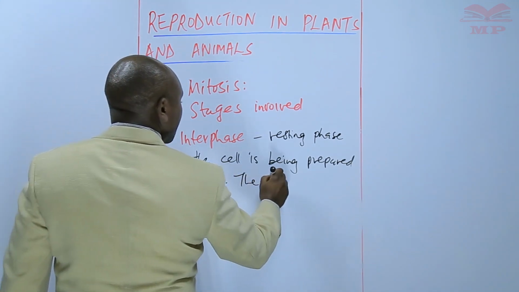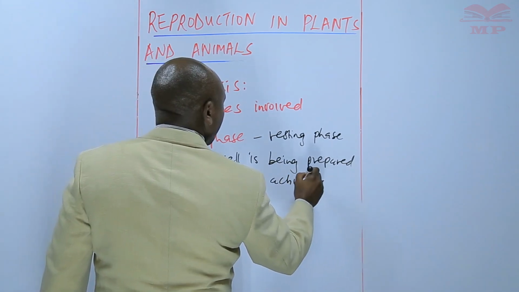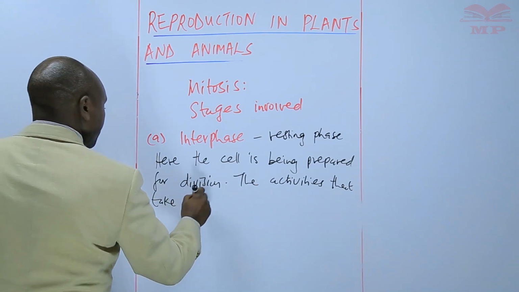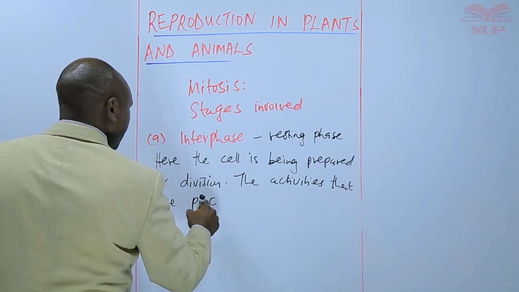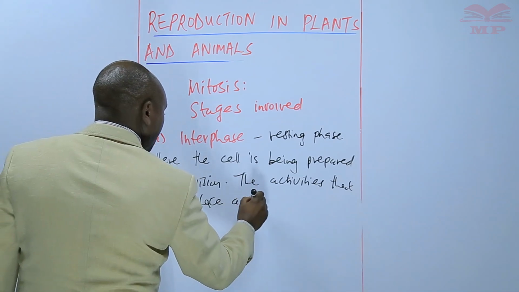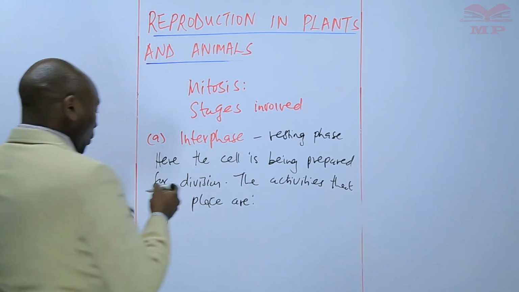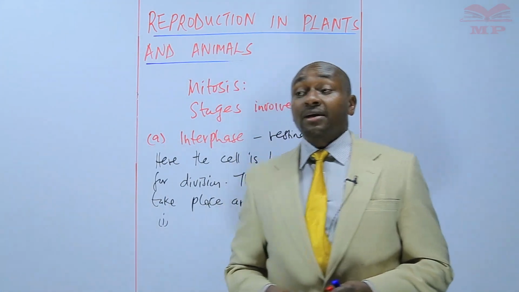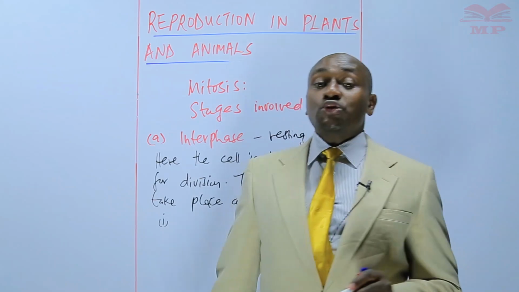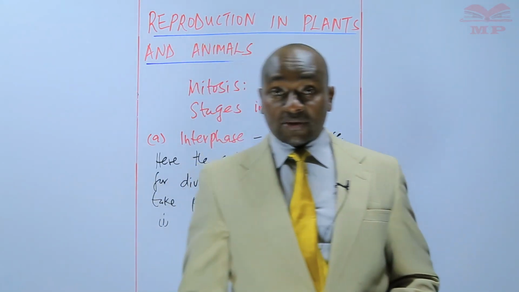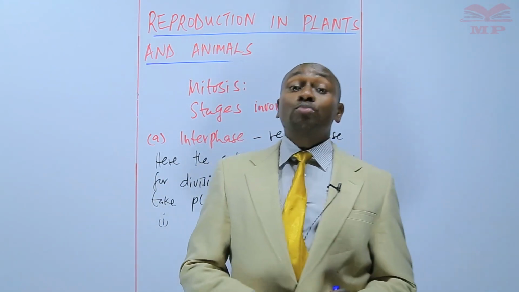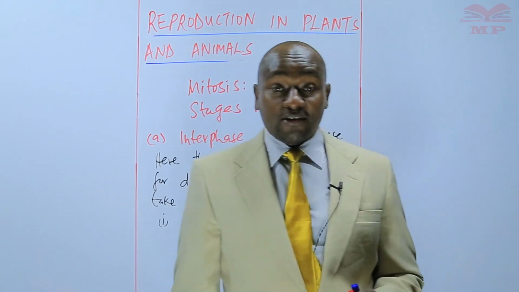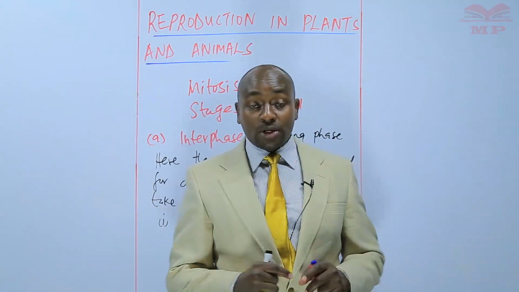The activities that take place are, one of the things that happen during interphase is the duplication of genetic material. The genetic material needs to be duplicated to ensure that there is enough for each daughter cell when the daughter cells will be formed.